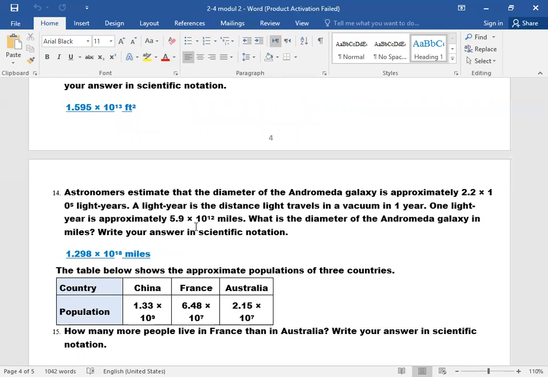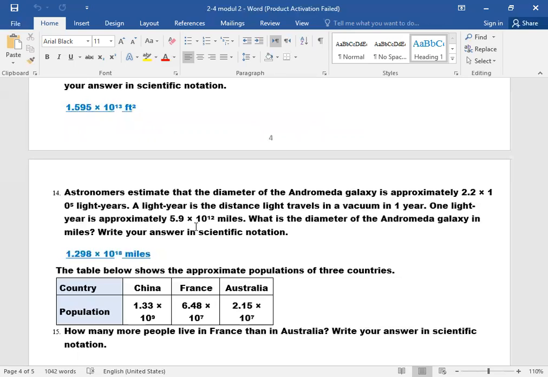Astronomers estimate that the diameter of the Andromeda galaxy is approximately 2.2 times 10 to the power of 5 light years. A light year is the distance light travels in 1 year. 1 light year is approximately 5.9 times 10 to the power of 12 miles.